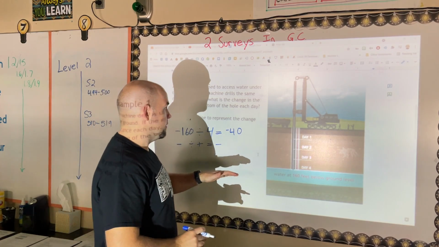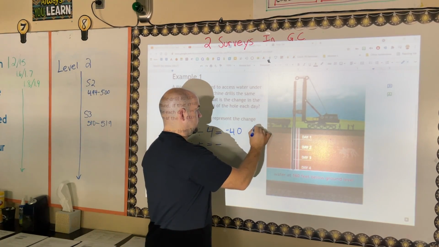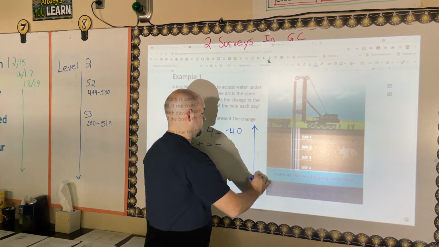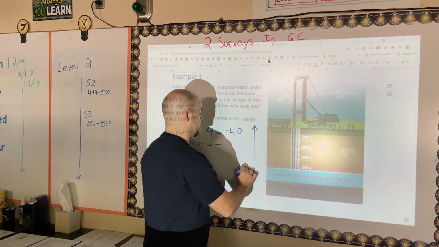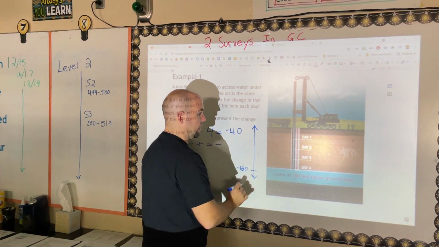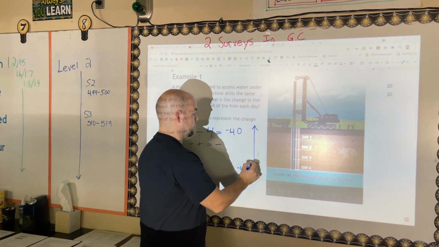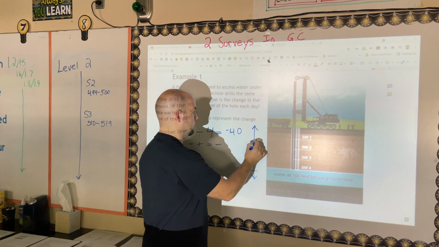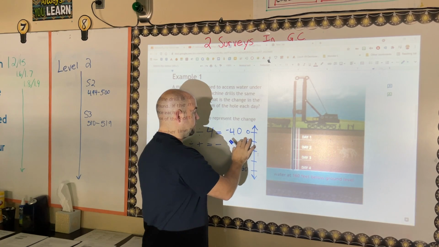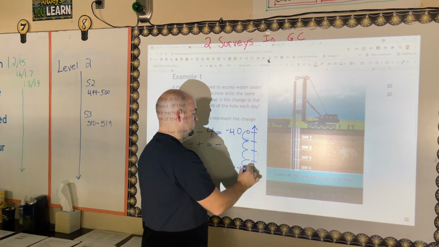So we could do that with a number line, showing negative 160 down at the bottom, and 0 at the top. If we don't even know what those jumps are, you could say, I have this and I go 2, 2, 2, 2.